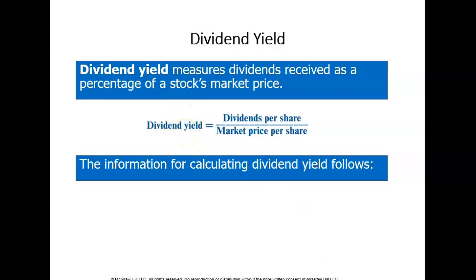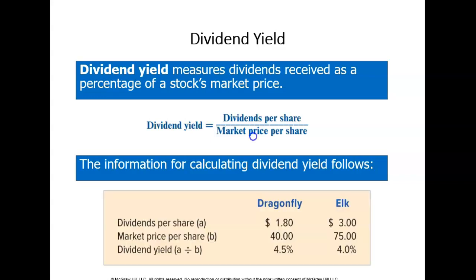Okay? Next up, we have what's called the dividend yield ratio. Now, keep in mind that not every company offers dividends. All right? But with the dividend yield ratio, you're comparing the dividends per share a company is paying against their market price per share. So if a company doesn't offer dividends, you cannot do this calculation.